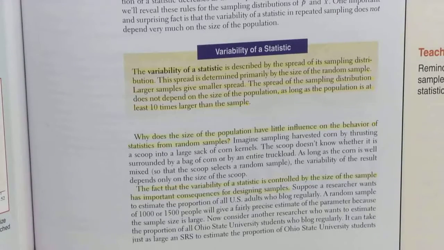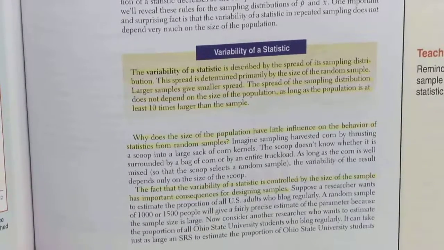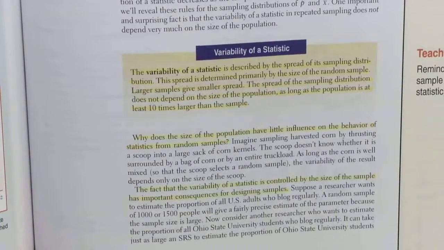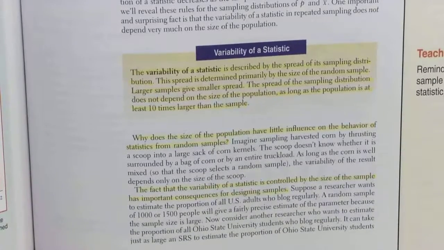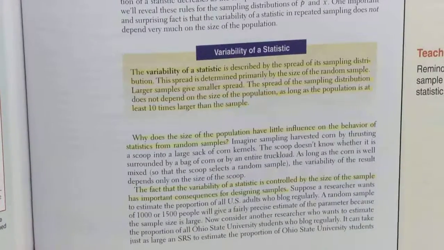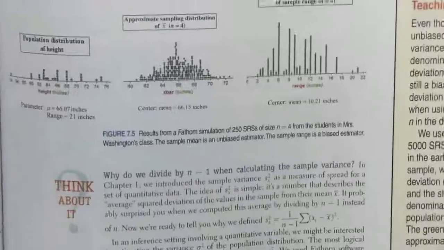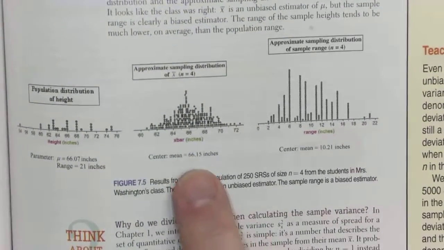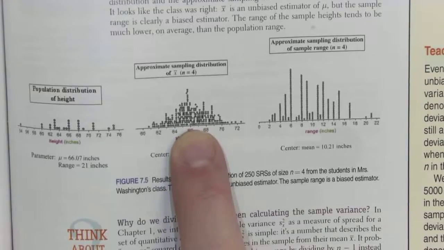Notice when they changed the sample size to 1,000, the center was still at 0.37, right? And notice, back on this other page, if you could look up just a little, remember, we took all of these tons, like they did 250.